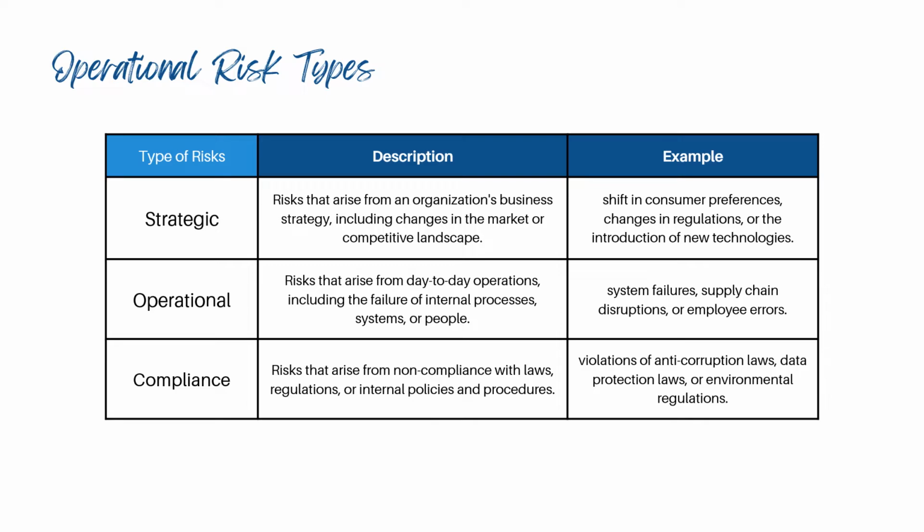It could include a shift in consumer preferences. So consumer preferences for books, they might not go for the hardbound books. They might want to have e-books, no? Changes in regulations. Maybe the government has a bias on other technology.